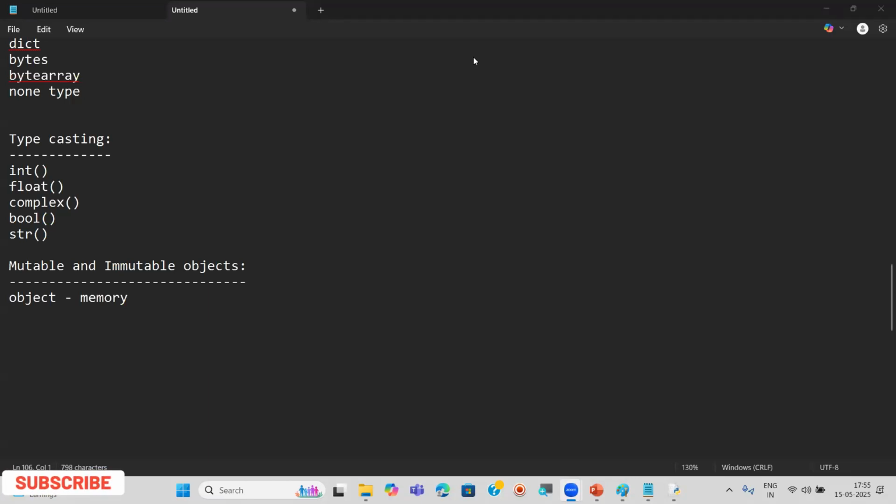First, A equal 10. Next, A equal 20. If you check the ID, you will see the recent A value's ID. Or else, first A equal 10, you can print the ID. Then after A equal 20, you can print the ID. You will have two different IDs, two different memories.